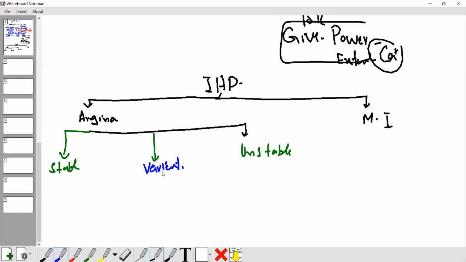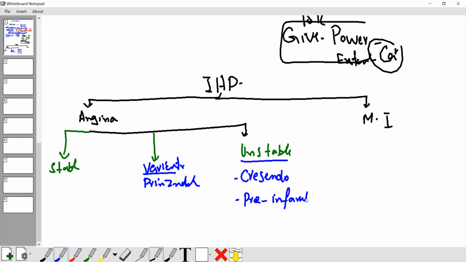Variant is also known as Prinzmetal. Unstable is known as crescendo angina. Another name is pre-infarction, just before infarction. It's not infarction.